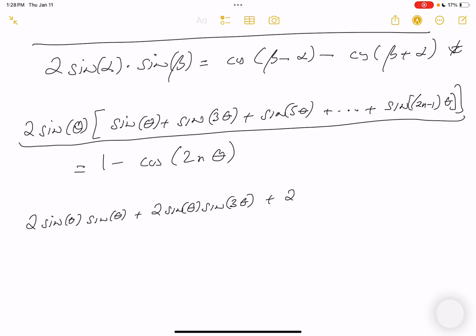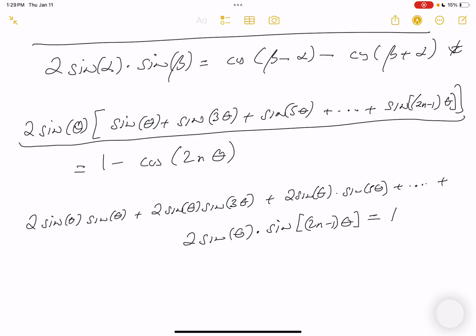What's the next one going to be? Plus 2 sine theta times sine of 5 theta. And by the way, this keeps going on. I'm running out of room. But the last term is going to be 2 sine theta times sine of 2n minus 1 theta. And they want me to show that this is equal to 1 minus cosine 2n theta.